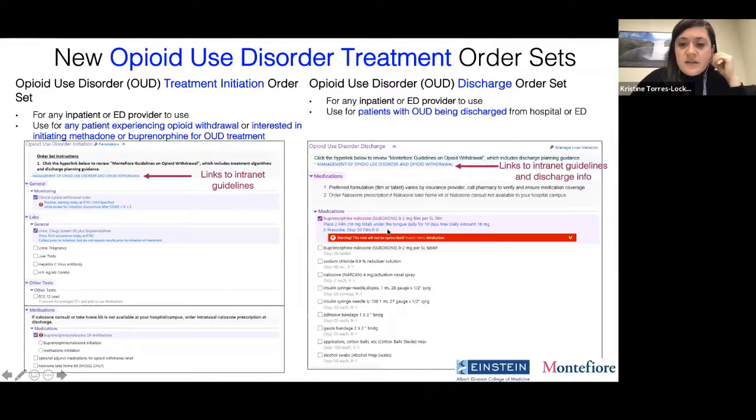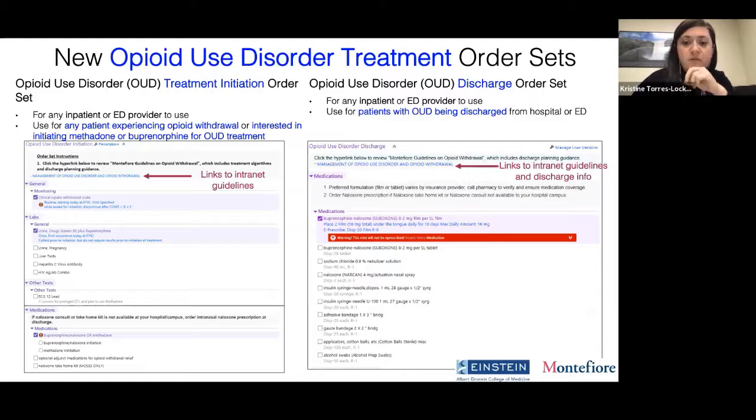And so if someone's going to leave on Suboxone, it has the order there. And then it also includes a lot of harm reduction plans if someone's an injection drug user. And it also includes a Narcan order if they weren't able for whatever reason to get the take-home kit that you ordered. But luckily the take-home kits are available to order for both Weiler and Moses.